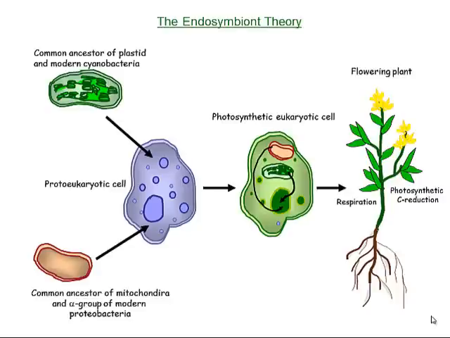It's believed that plastids were introduced into a proto-eukaryotic cell in the dim and distant past, certainly at least 1 billion years ago, to produce a photosynthetic eukaryotic cell which has subsequently evolved into the flowering plants that we see nowadays. And there is excellent evidence for this.